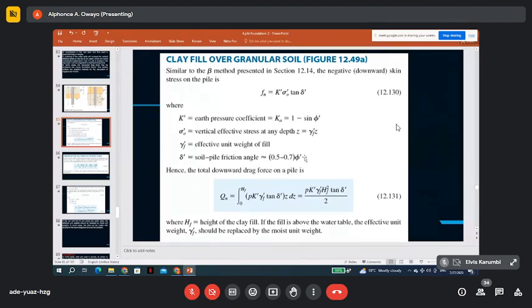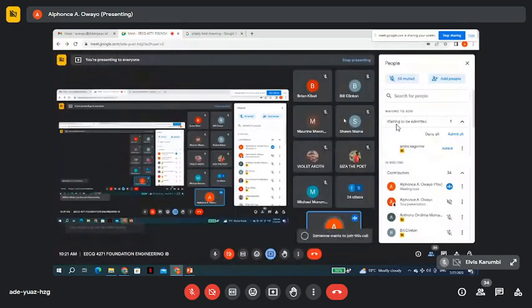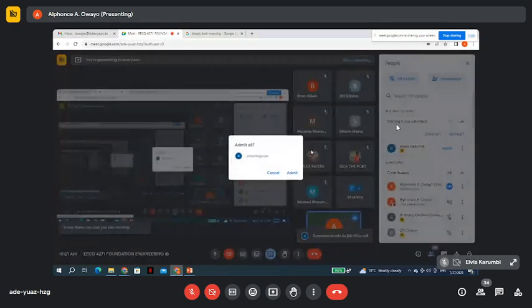But here is how to calculate the downward drag. If you wanted to find out the negative skin friction, what value it is, Qn, this is a way to be able to do that calculation.